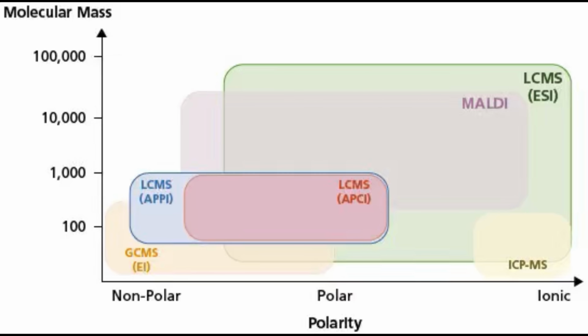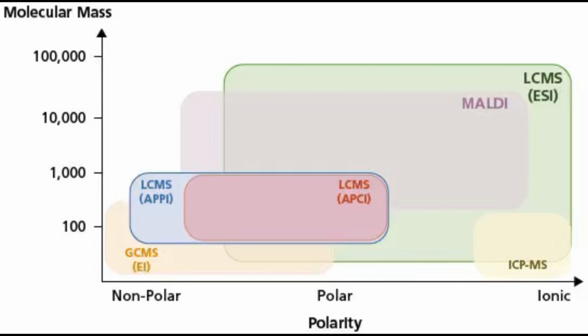The real power of LCMS comes with electrospray ionization, or ESI. LCMS with ESI extends from about 100 Daltons up to 100,000 Daltons or more, covering the polar and ionic region. This means proteins, peptides, oligonucleotides, and large biomolecules become accessible for analysis.